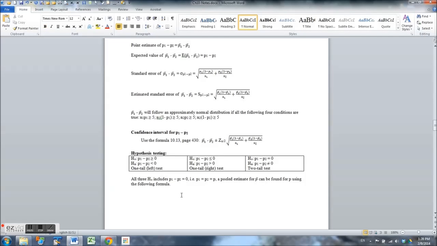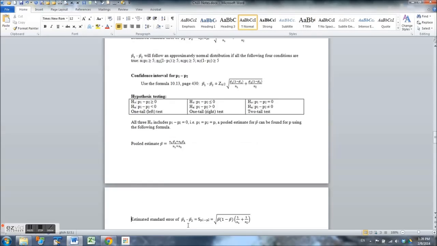So that allows us to pool the two samples, and this will give us a more accurate estimate of the standard error. So we combine the two samples and then come up with a combined pooled estimate. We call that P bar. It's a pooled estimate between P sub 1 and P sub 2.